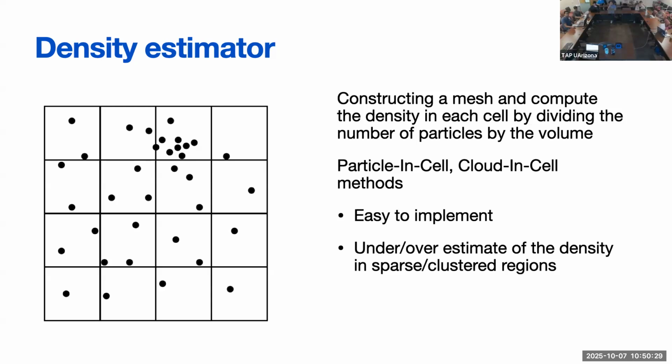It is very easy to implement, but it doesn't work very well when you have dense or sparse regions. If you have a big gradient of density in your domain, the method doesn't work well, because it can underestimate or overestimate sparse or clustered regions.